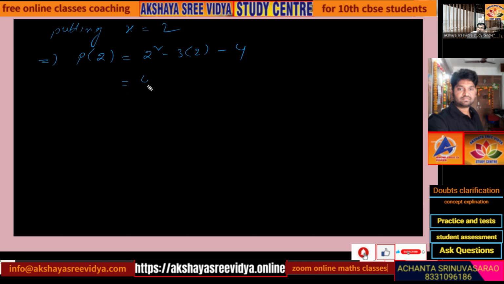This is equal to 4 minus 6 minus 4. This is equal to minus 6. Therefore, p of 2 is equal to minus 6.